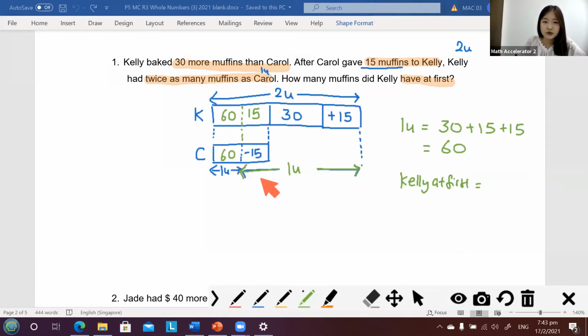So which part of Kelly's model is how much she had at first? Is it this 60 plus 15 plus 30? Is it the highlighted one, or is it the one in red? You can type in the chat. Highlighted or the one in red?